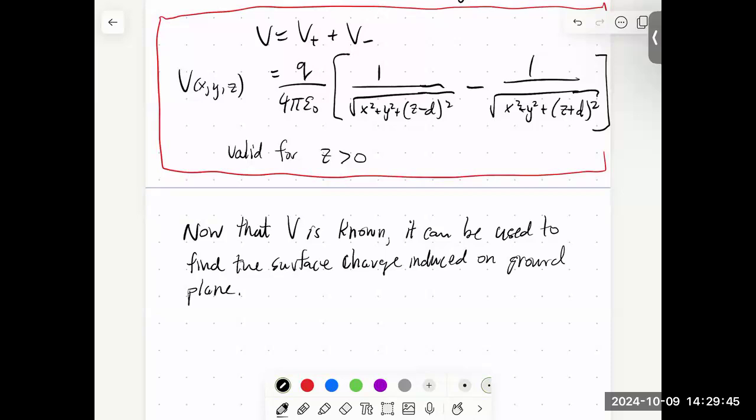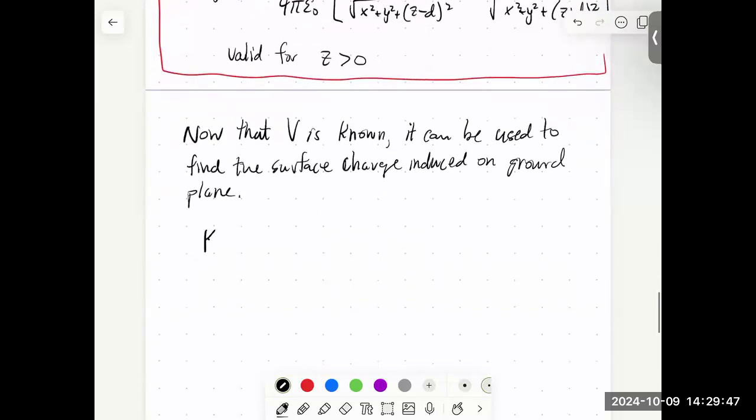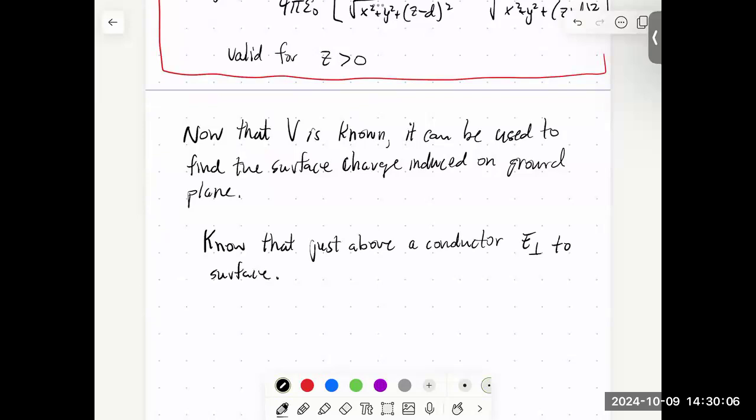Okay, so you already told me that just above a conductor, E is perpendicular to the surface.